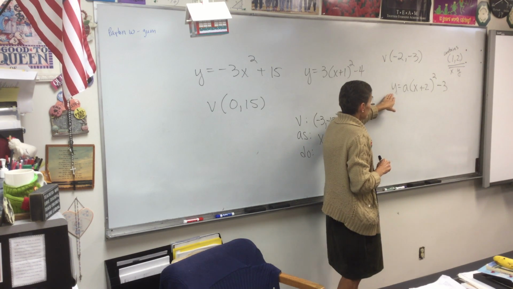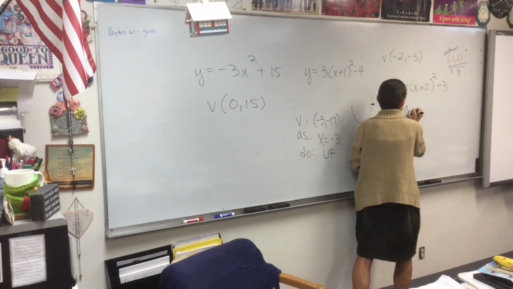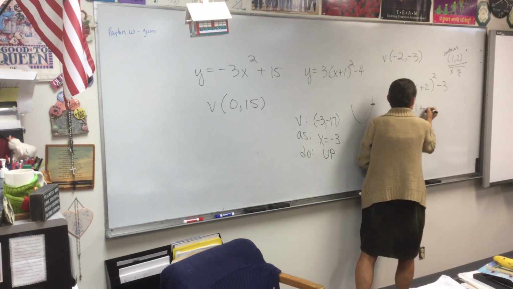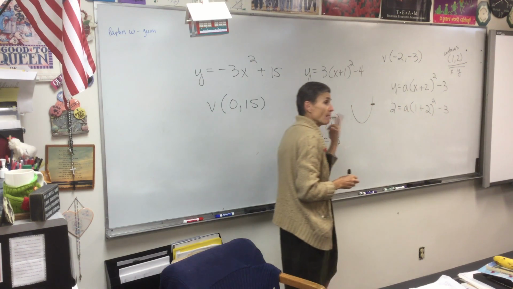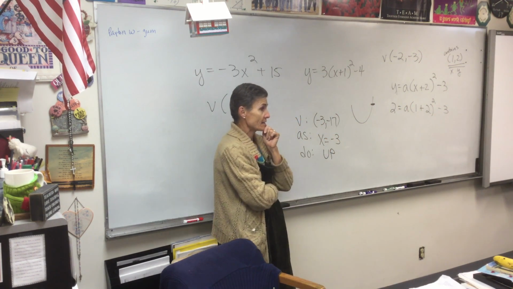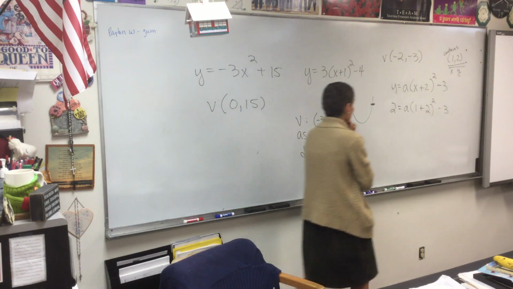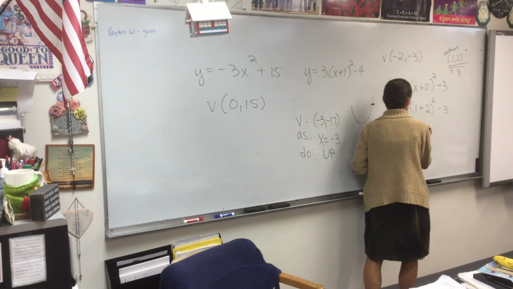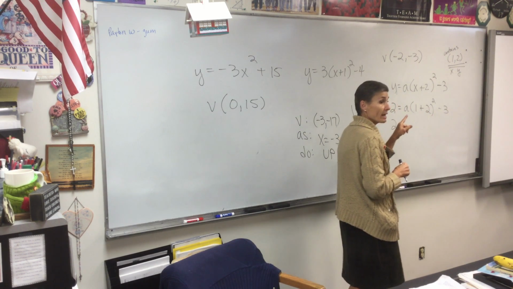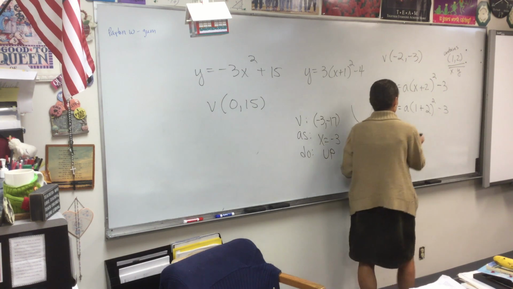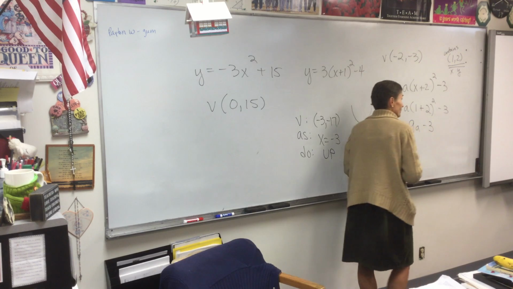Now, if I take that Y and put it here, and that X and put it here, with a little work, am I going to be able to figure out what that A is? Yeah, I can solve for that, so that's what I'm going to do. So I have 2 equal to, all right, 1 plus 2 is 3, but it's squared, so that's 9. So I have 9A minus 3.